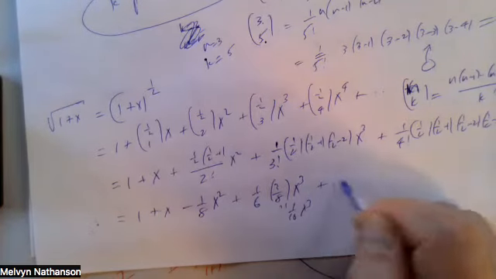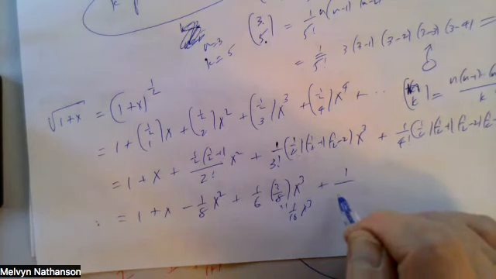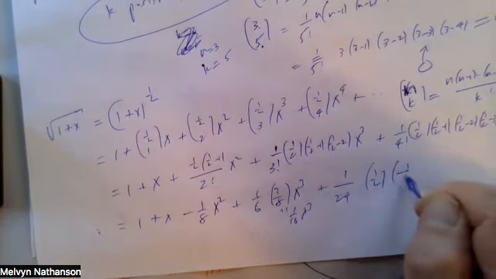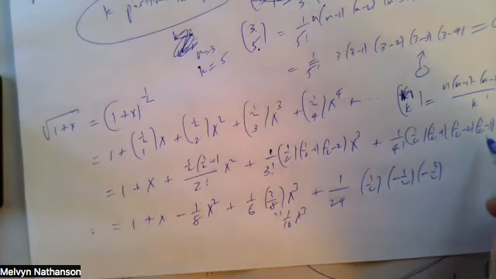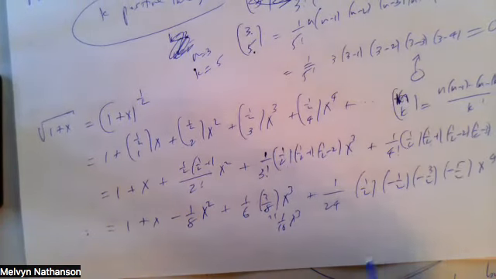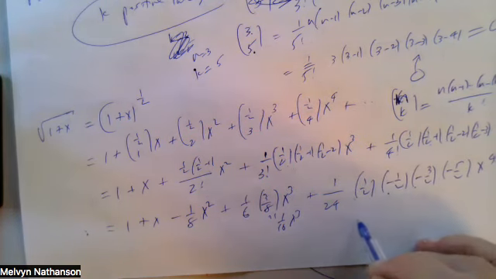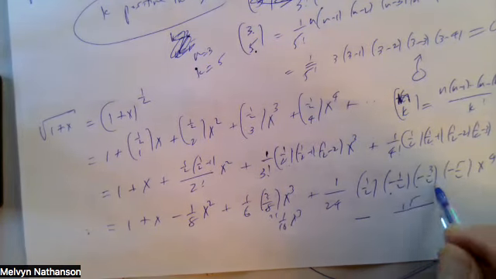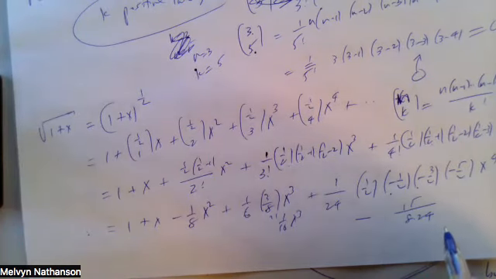What's this term? I have 1 over 4 factorial. 2 times 3 times 4 is 24, times a half, minus a half, minus 3 halves, minus 5 halves x to the fourth. This is minus minus minus, makes this minus 15 over 2 times 2 times 2 times 2, 16 times 24, right?